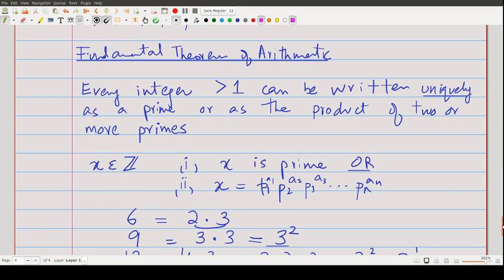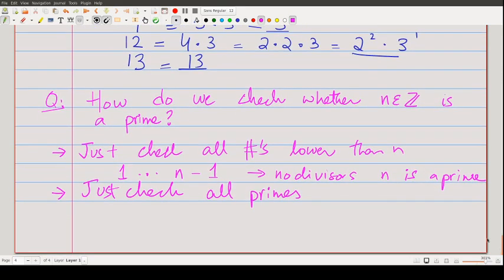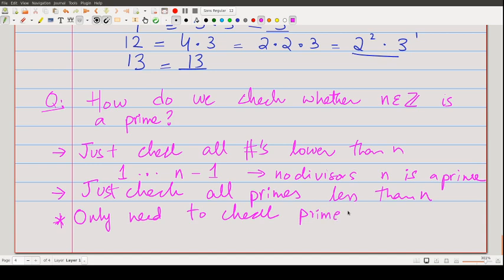So if we just check all the primes less than n, then we can check whether n is a prime or not. And the last thing to notice is that we don't even need to check all these numbers less than n. We only need to check primes less than the square root of n.